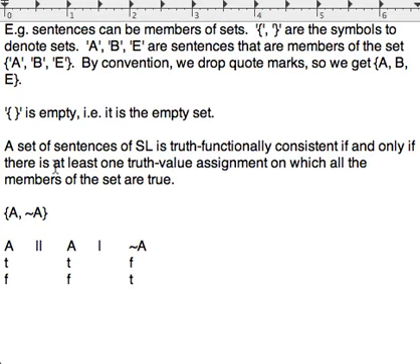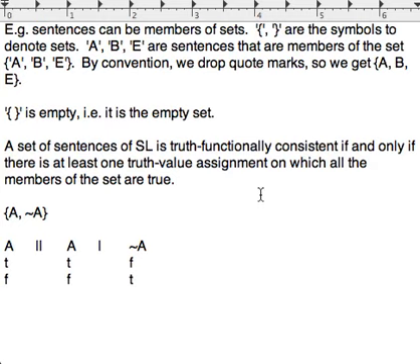We said that there has to be at least one truth value assignment on which all the members of the set are true, and that's not the case here. There's no truth value assignment on which all of the members of the set are true. Hence, since this side of the biconditional fails, we know the other side of the biconditional has to fail as well. So we say that it's not the case that this set of sentences is truth functionally consistent.